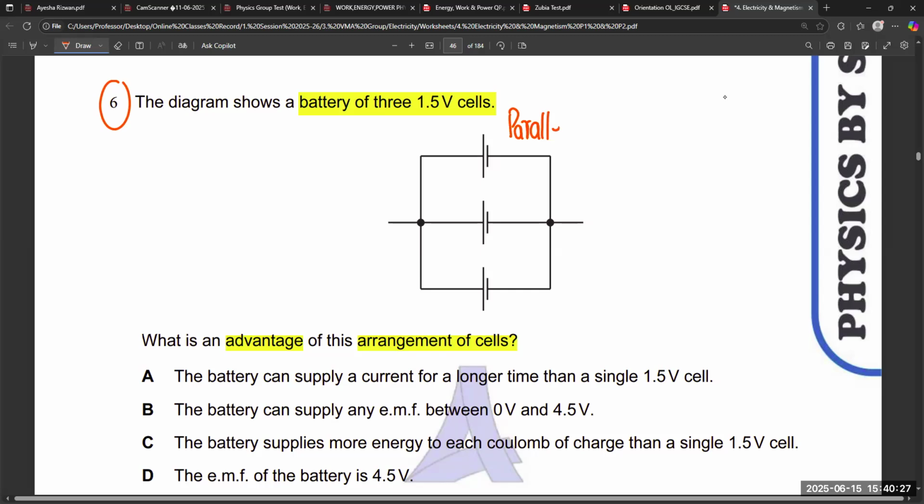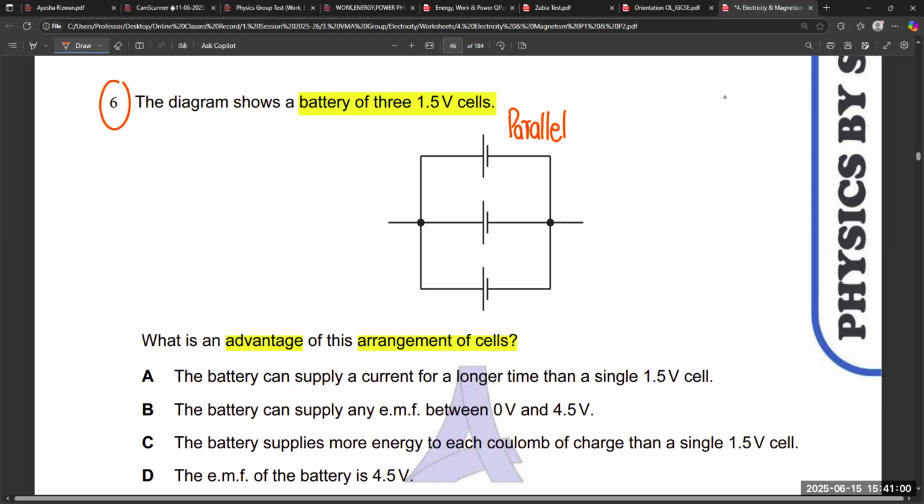So we have a parallel combination of the cells, and in this parallel combination, as we discussed, it will be long lasting and we will get the same voltage as the individual cell. So the battery can supply a current for a longer time than a single 1.5 volt cell. So option A is correct. Or the battery supplies more energy to each coulomb of charge than a single 1.5 volt cell. So option A or option C.